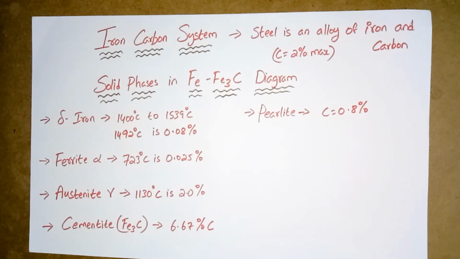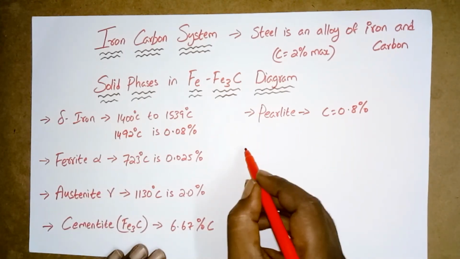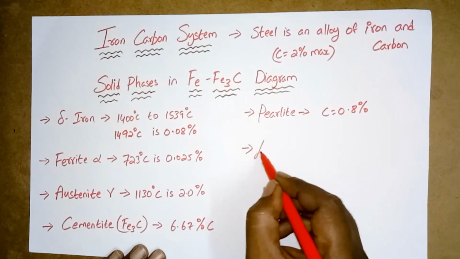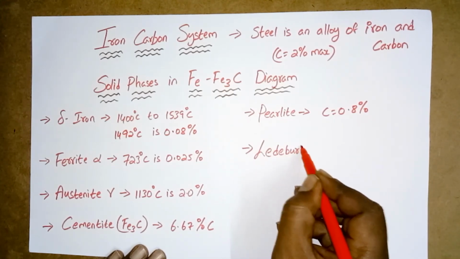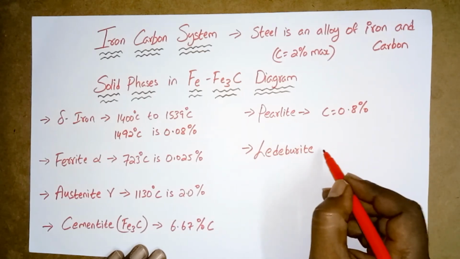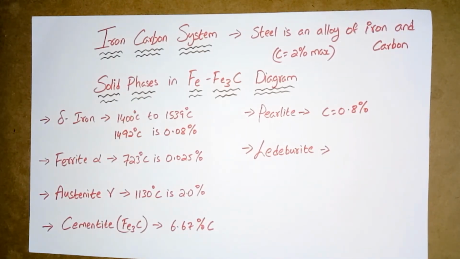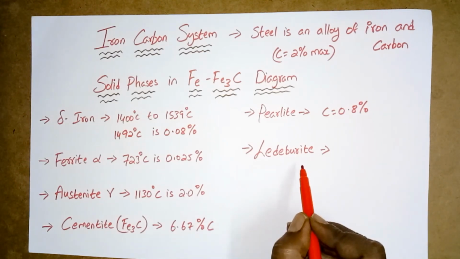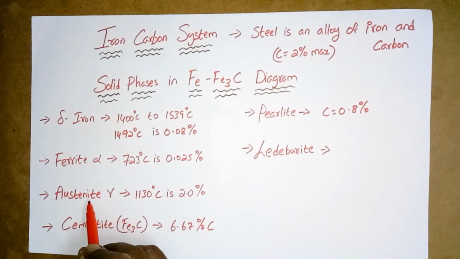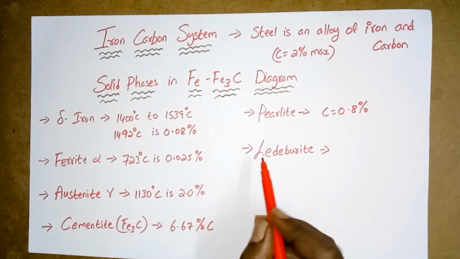Next, we will move to ledeburite. The microstructure consisting of austenite and cementite is called ledeburite.